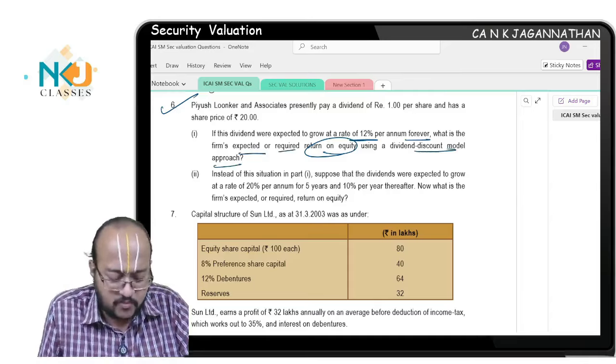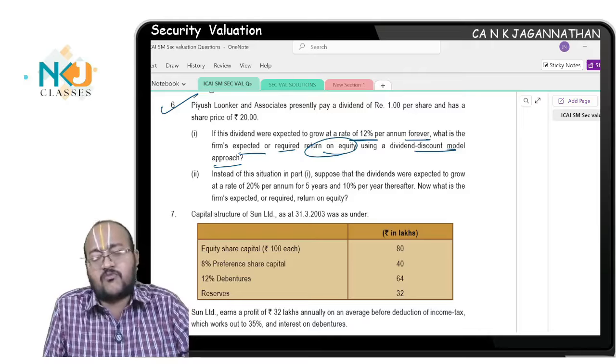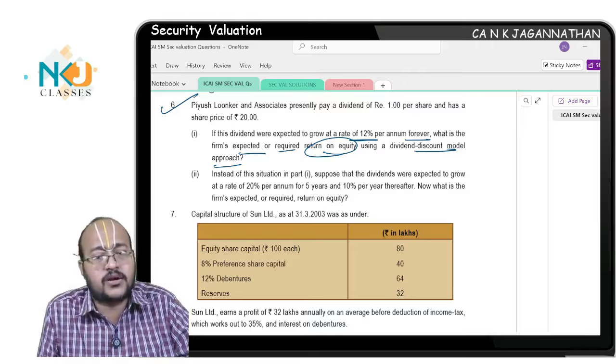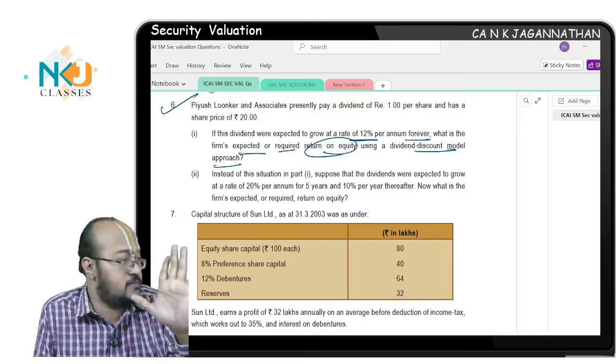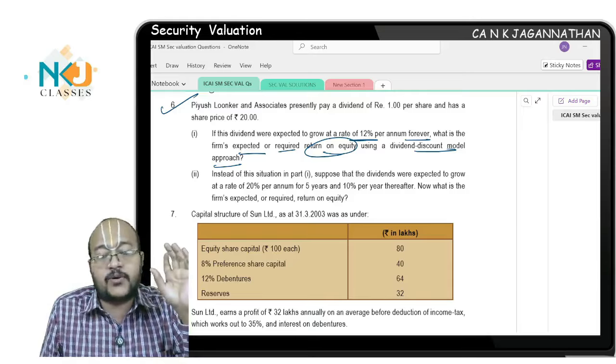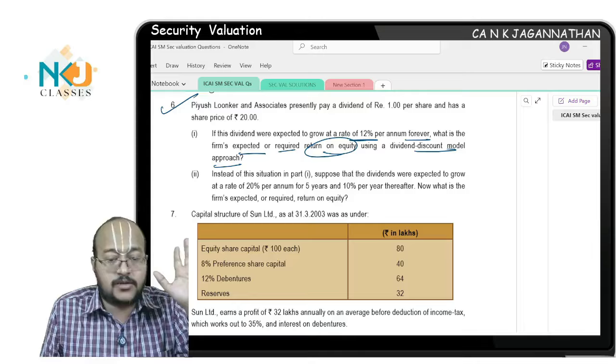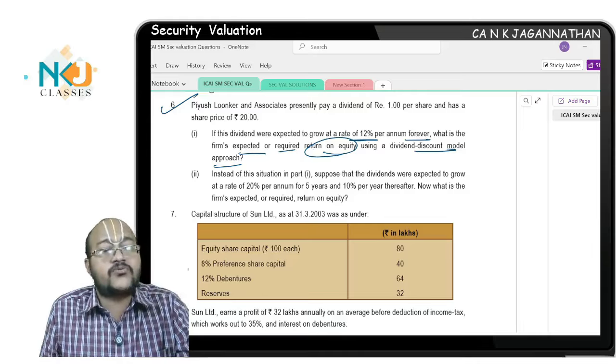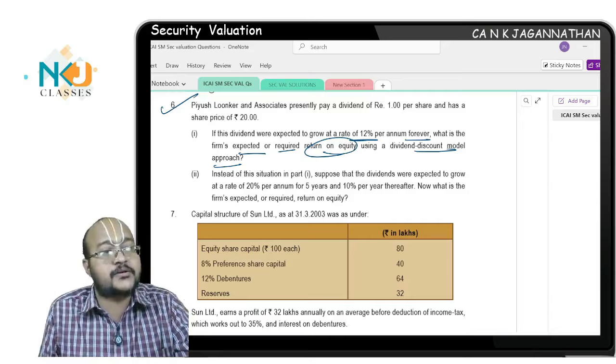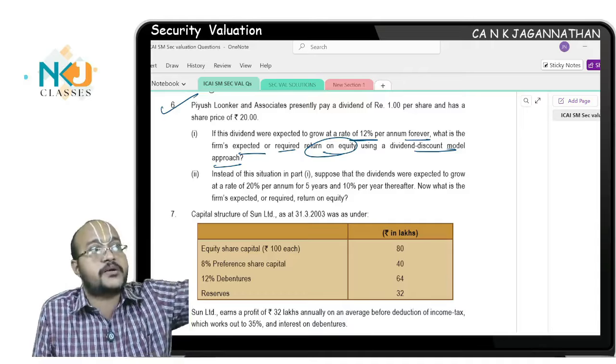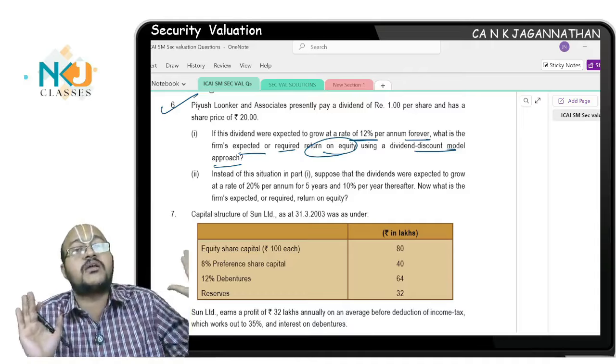See, expected rate of return and required rate of return are not one and the same. In portfolio management, I have clarified, they are not at all the same. KE is required rate of return and not expected rate of return. Expected rate of return, what you will expect? You will expect the average, this is called mean return.